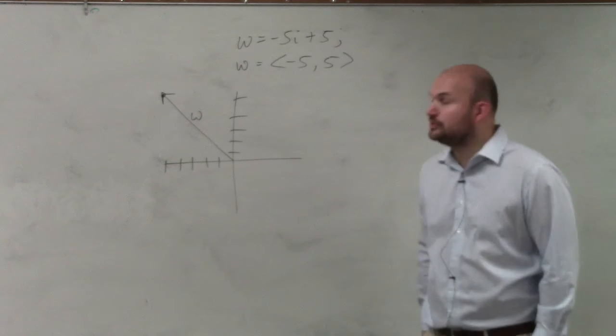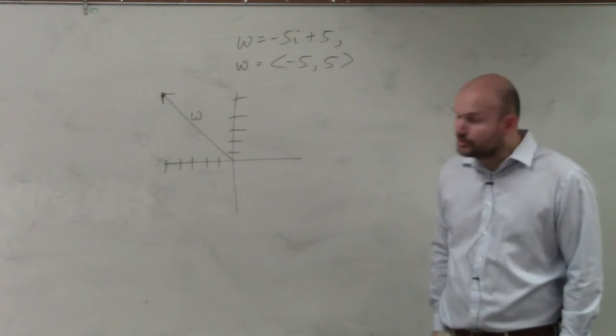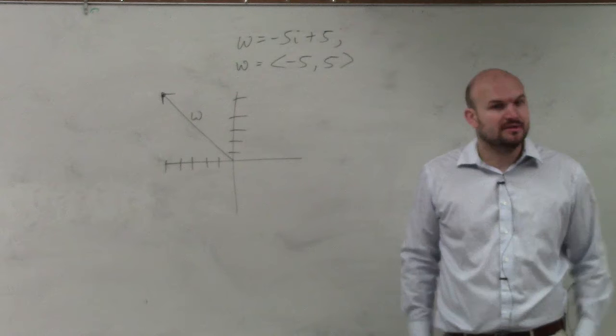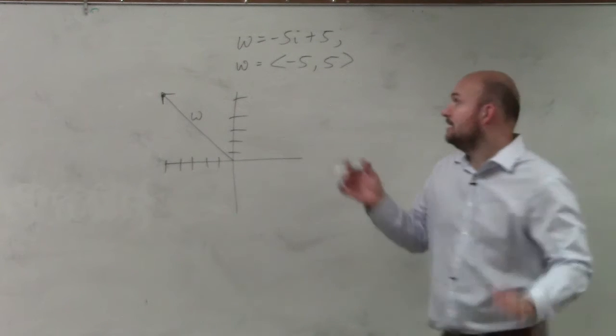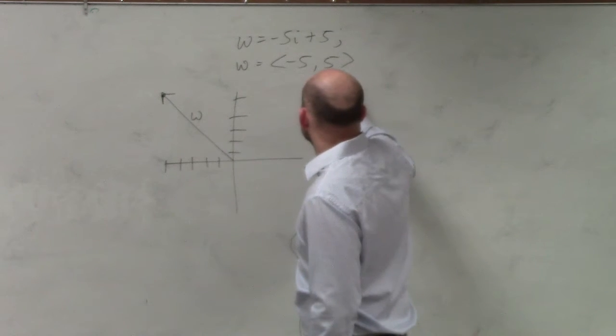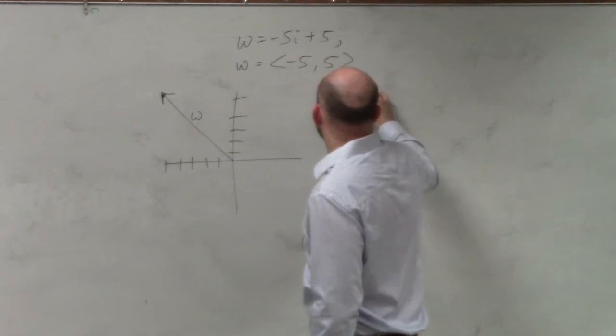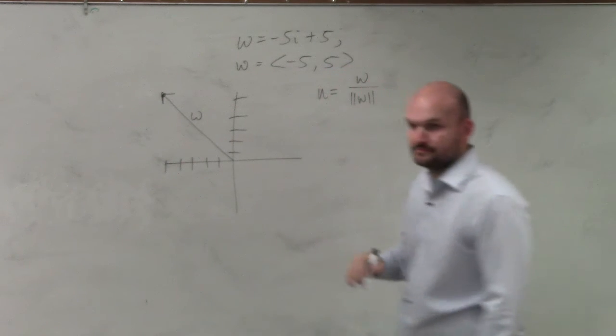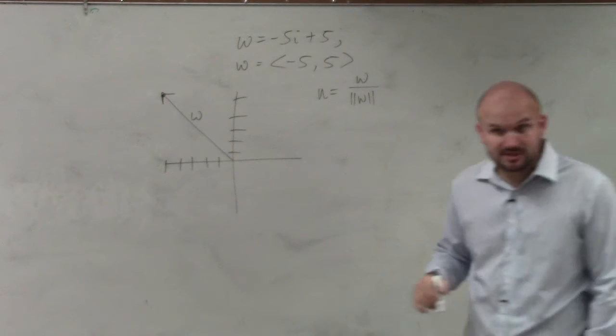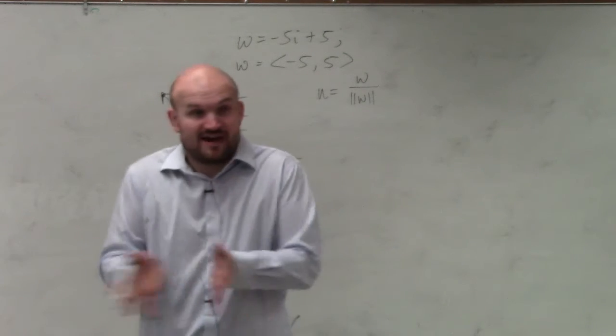They're asking us to find the unit vector and the direction. So we need to know a couple of formulas. First, the unit vector u was basically the vector w over its magnitude. That was our definition. First thing we have to do is find the magnitude.